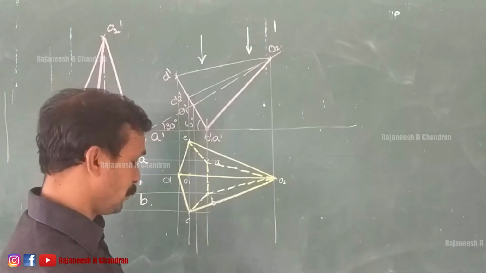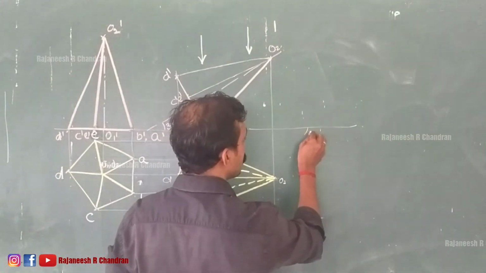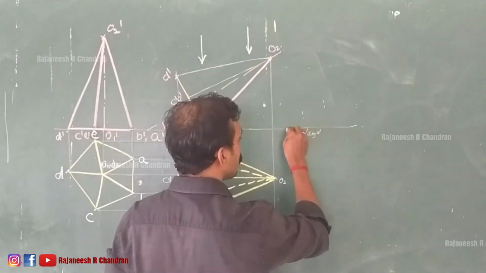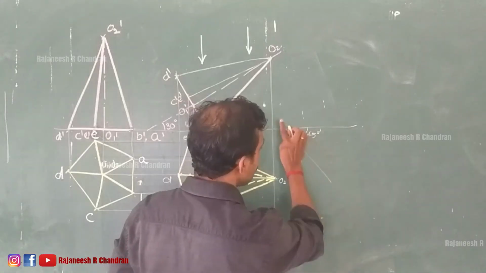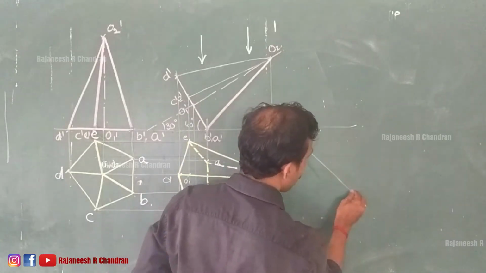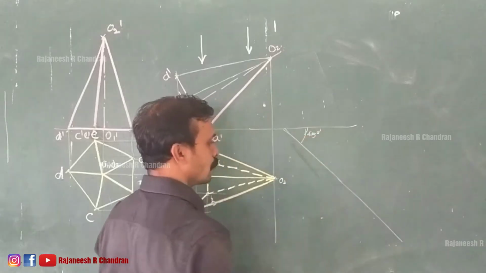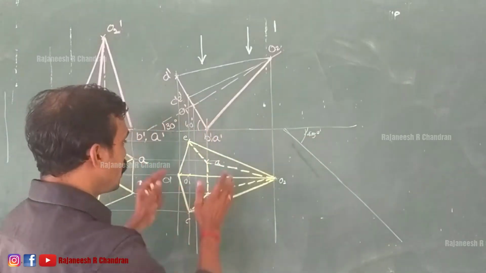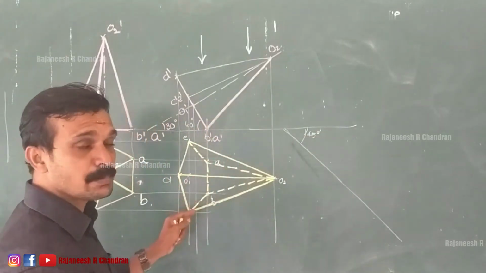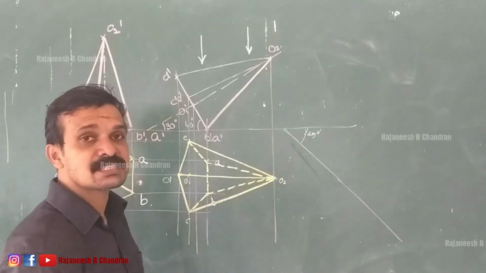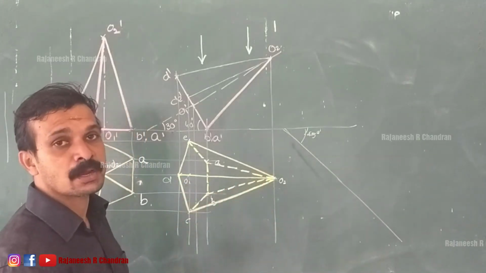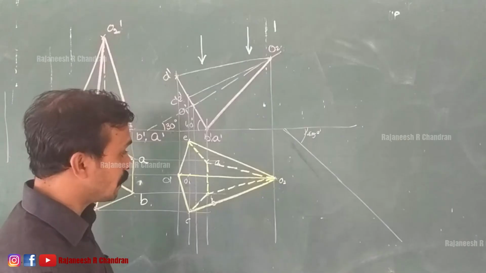So what we have to do is, at an inclination of 45 degree, draw a line. And on that line, we have to reproduce this image, keeping the top view of the axis at an angle of 45 degree. So what will be the method?